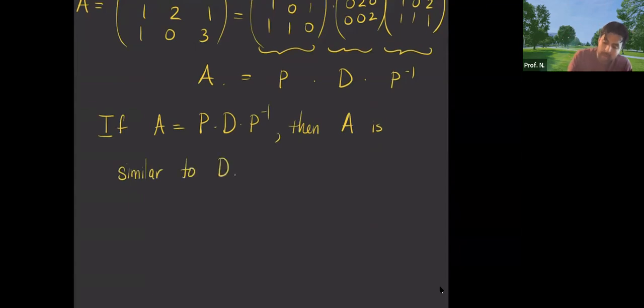So if A is equal to P times D times P inverse, then A is what's called similar to D. So A and D are similar because of this relationship. If any matrix has this kind of relationship where it's a product of two matrices being multiplied together with one being the inverse of the other, then they're similar.